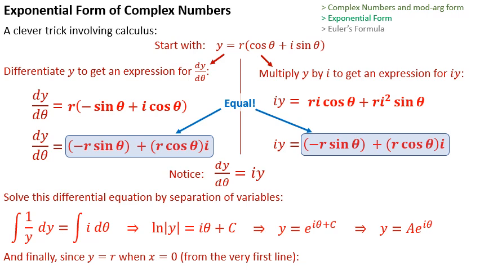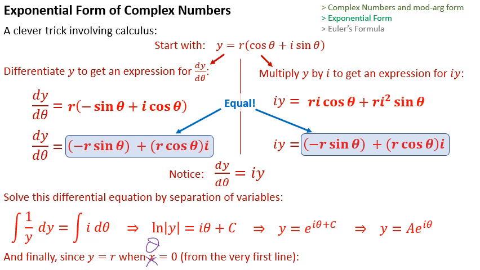So for instance, we know that y equals r when theta equals 0. We put in 0: r times cos 0 plus i sine 0. Well, cos 0 gives us 1 and sine 0 gives us 0. So the imaginary bit disappears. We're left with r times 1. So y must be equal to r.